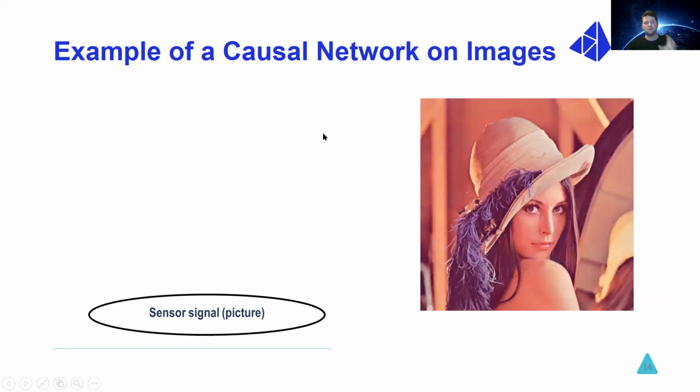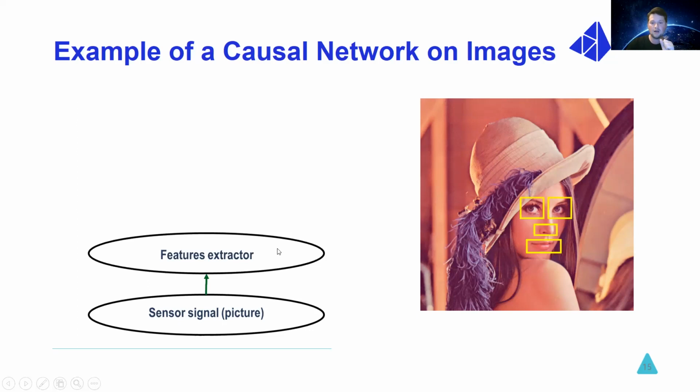Now that we know how this works for one object, let's have a look at how we can organize it into a hierarchy. First we have the raw input signal, basically this picture. Then we have some feature extractor that helps us find the smallest atomic pieces of information, and any feature extractor could be used.